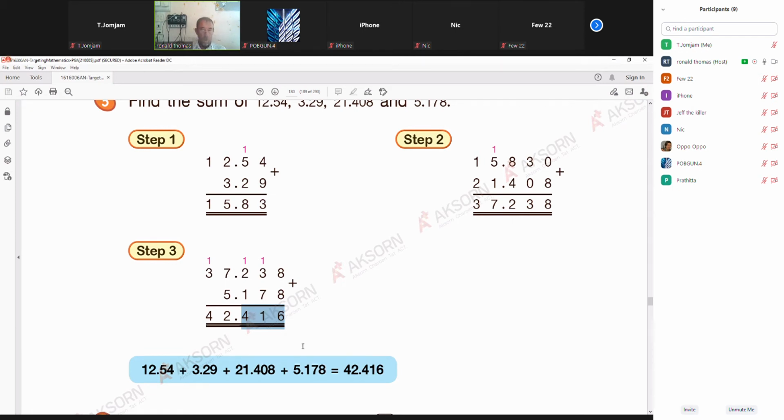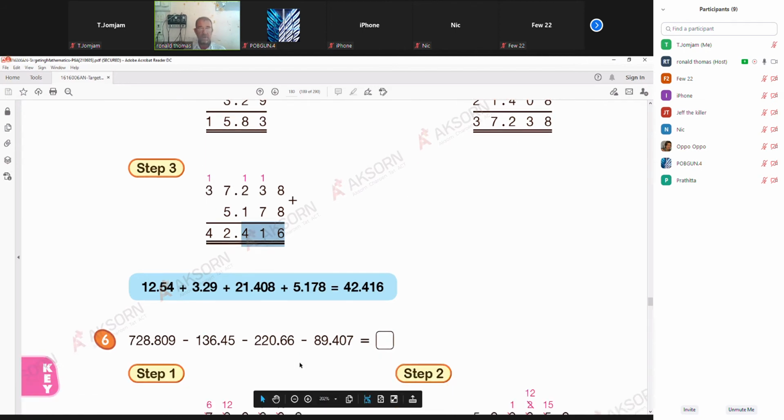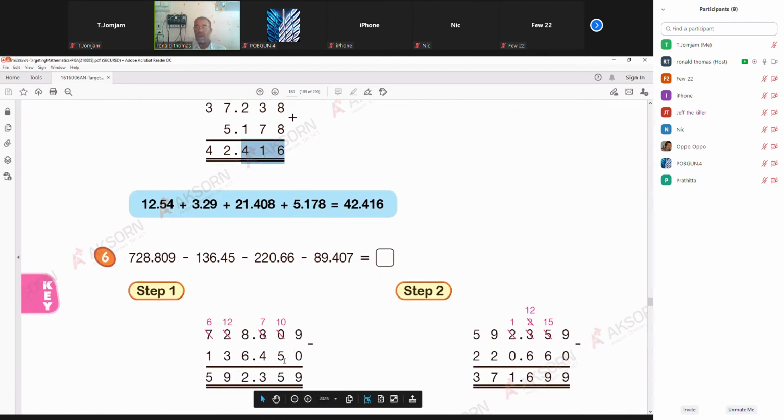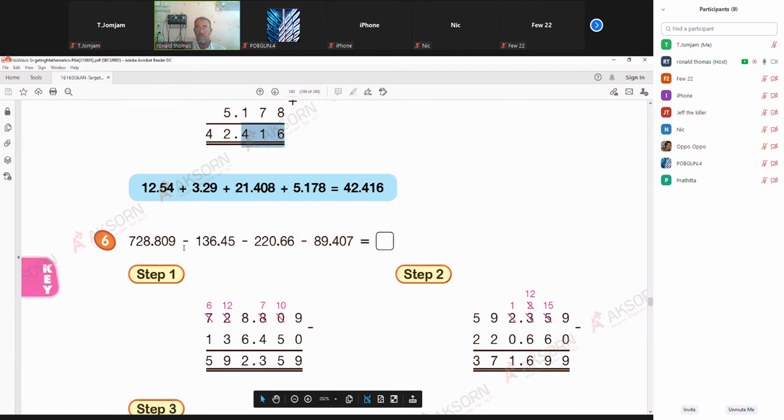Page 180, number 6. Look, even minus, it's the same with minus. You're taking away, just remember your position of your decimal point. 0.809, 0.405.